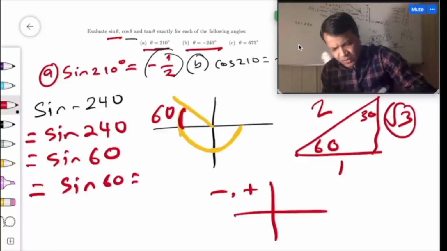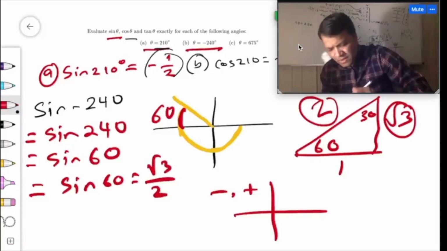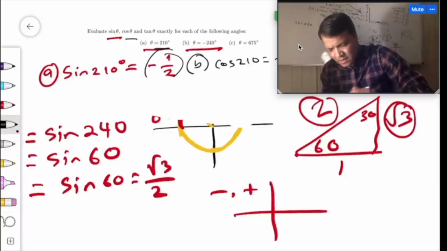Y is root 3, r is 2. So that's our answer: sine negative 240 is equal to square root of 3 over 2.